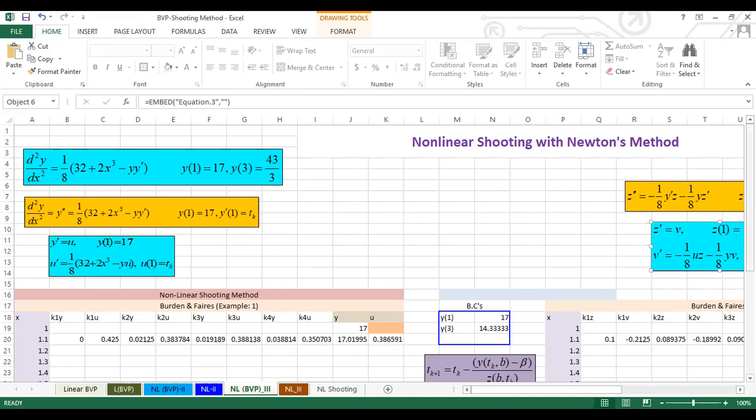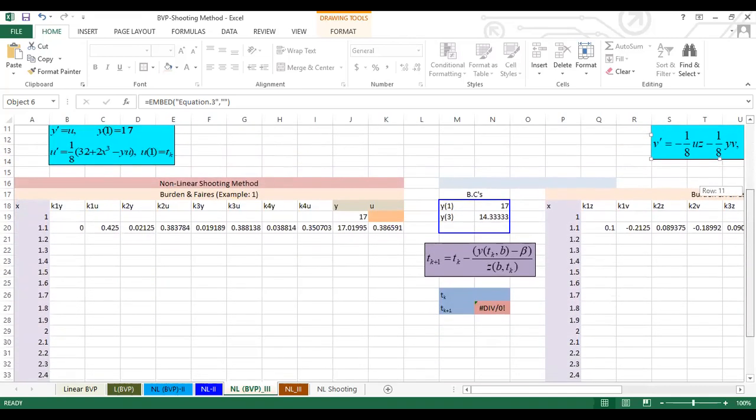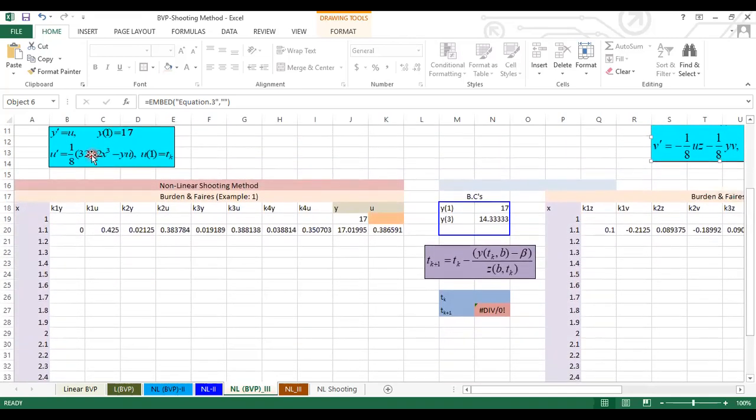So we have the first part: y prime equal to u, and u prime equal to 1 over 8 times (32 plus 2x cubed minus y u), and we will solve this problem with the guess value of the slope.